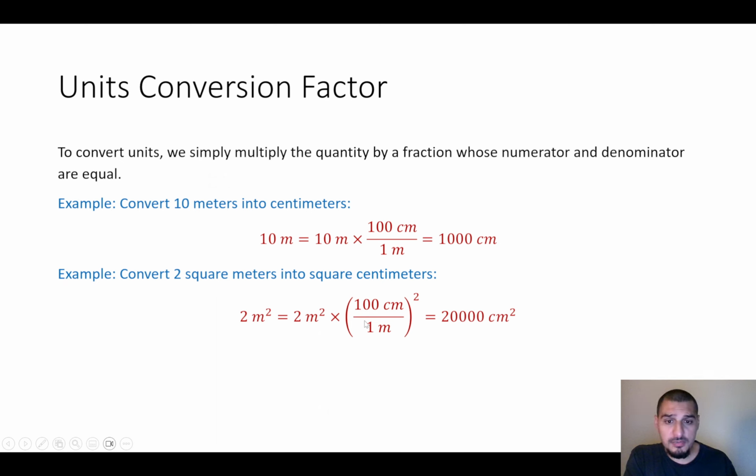So this whole ratio is raised to the power 2. In this case it's 2 meters squared, this is 1 meter squared, and this is 100 centimeters squared. Now we can cancel this meter squared with this meter squared, and we will have 2 multiplied by 100 to the power 2, which is 10,000, so it's 20,000 centimeters squared.